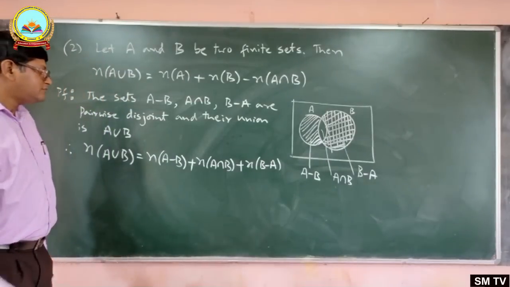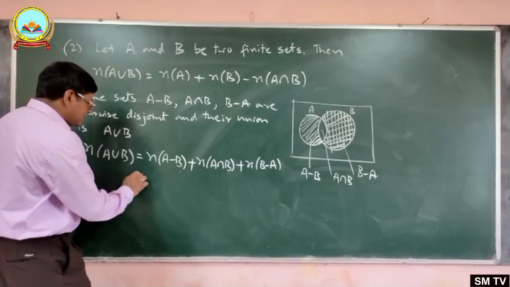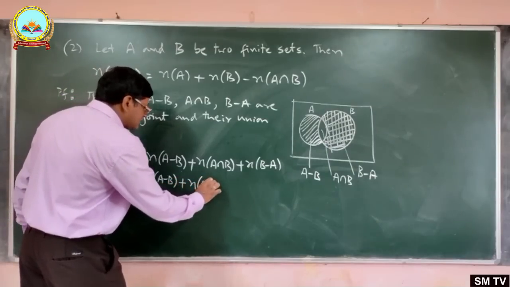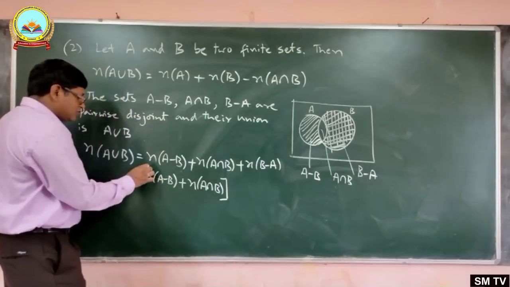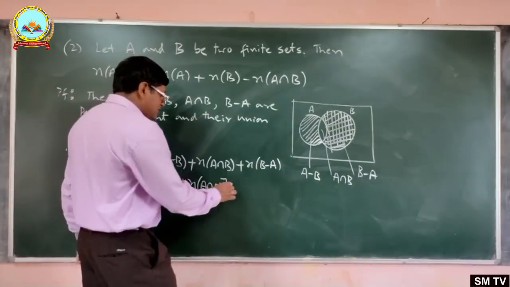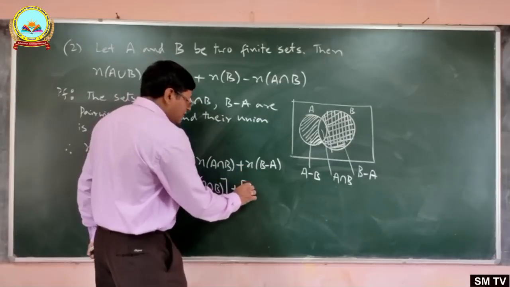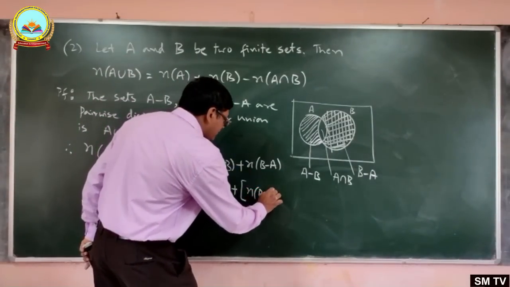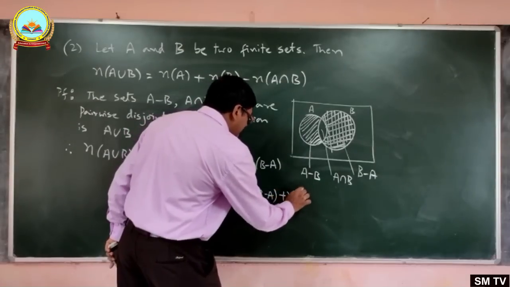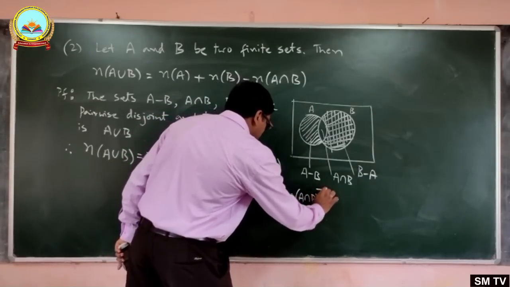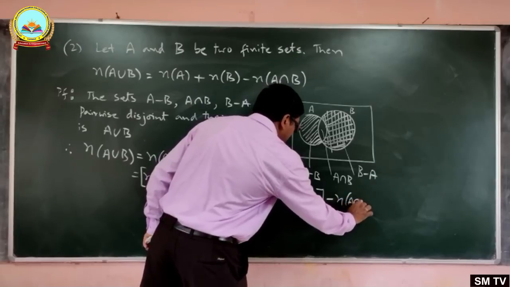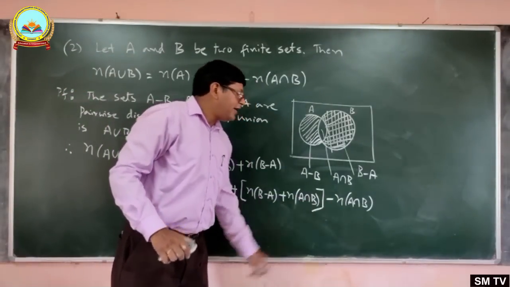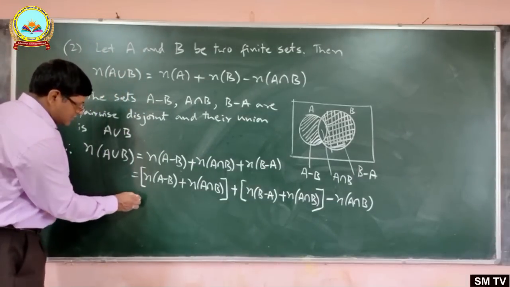Okay. Now, I will rewrite the right hand side like this: n of A minus B plus n of A intersection B. I'll just write these two terms within brackets plus. Now, here I'll just add and subtract n of A intersection B: n of B minus A plus n of A intersection B minus n of A intersection B. I have just added and subtracted n of A intersection B on the right hand side.